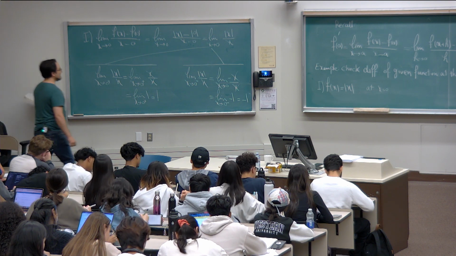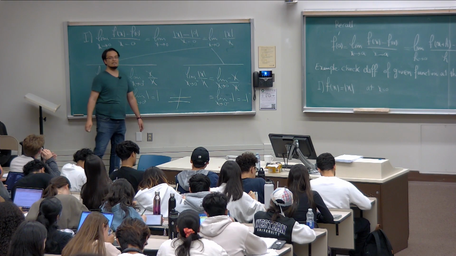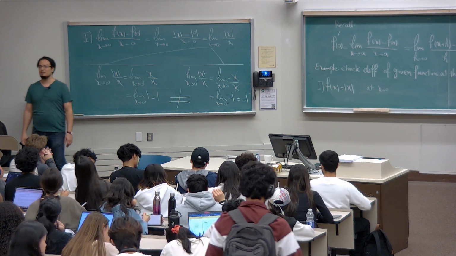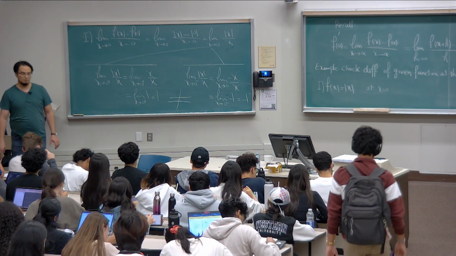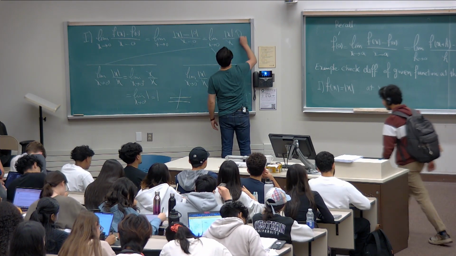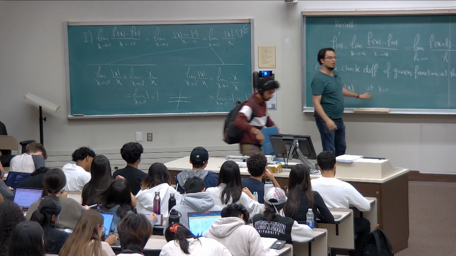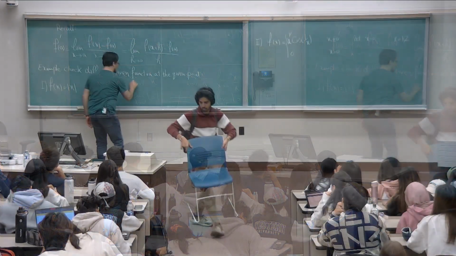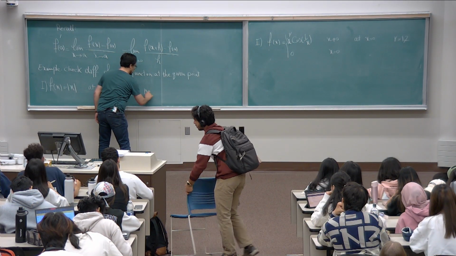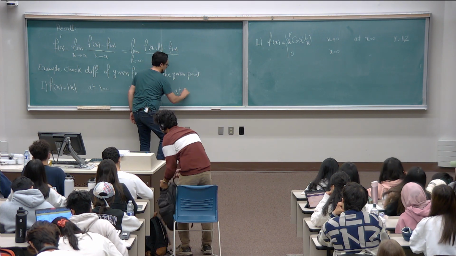So right limit, left limit, both exist, but they are not equal. That means that this limit does not exist. In terms of differentiability, f is not differentiable at x equal to 0.